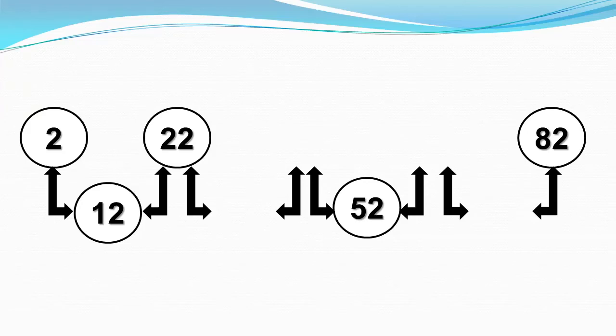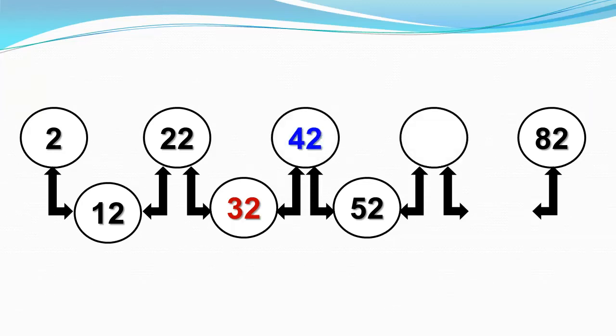And when we will add tens more into 22, then what number will come? Yes, 32. And after 32, the number comes 42. Then 52, 62, 72, and then 82.